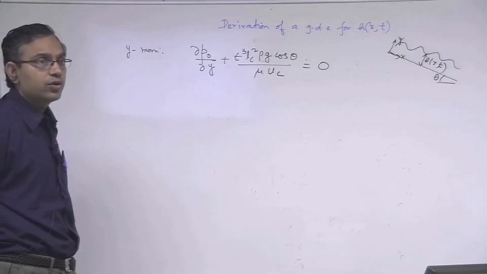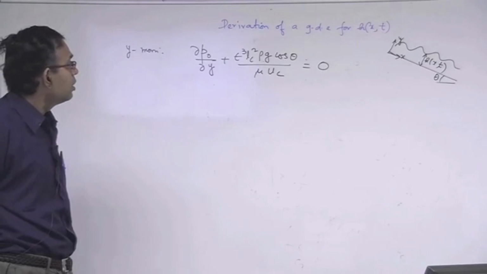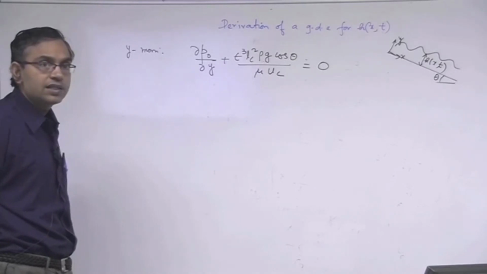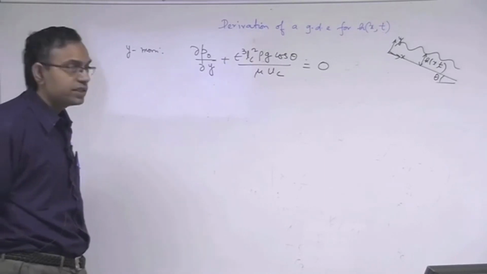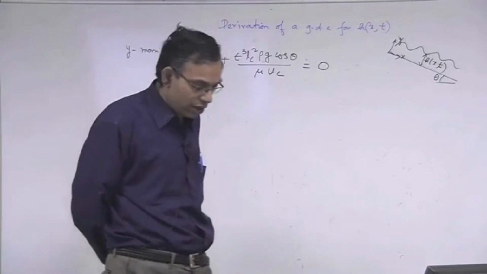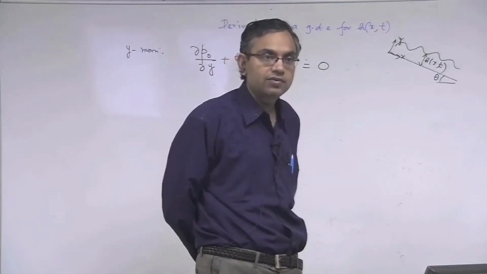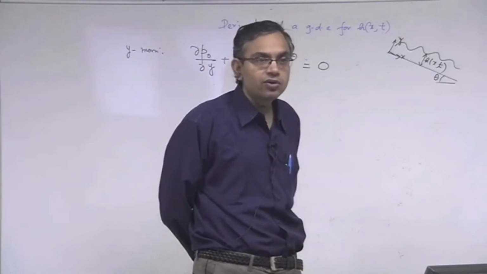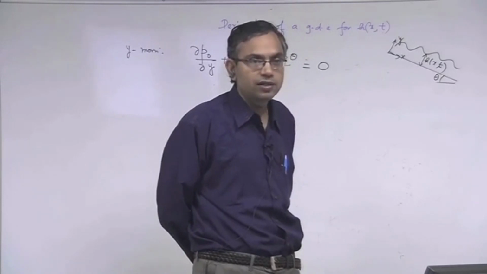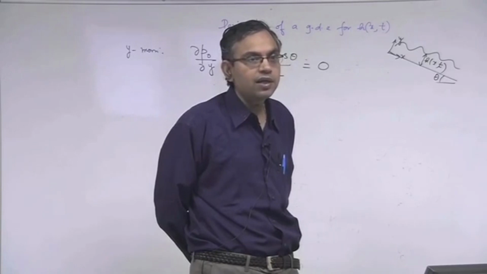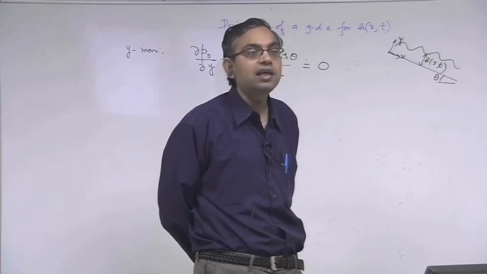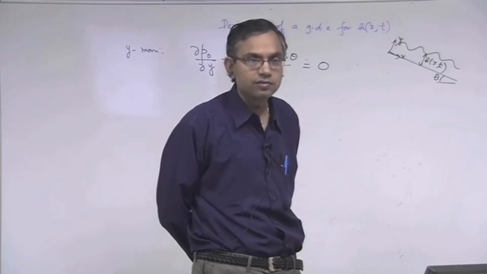Next, we will integrate this equation with respect to y. Pressure variation with y cannot be ruled out here because the gravity effect is there. You might argue that the film thickness is small, so how will pressure variation in that thickness play a decisive role?